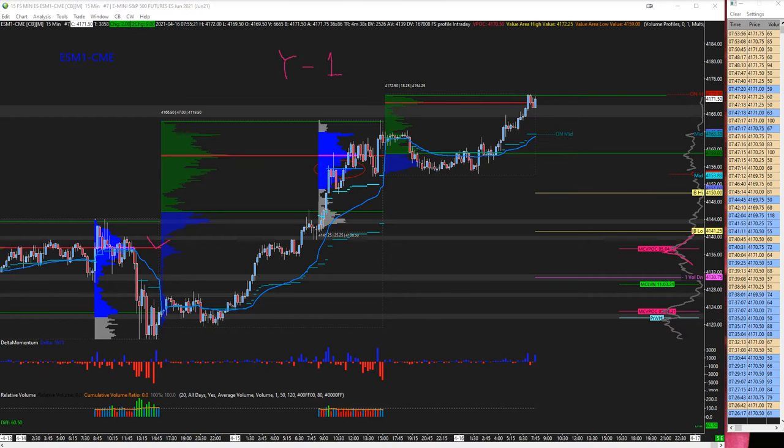Today, as I just described, in blue, is my scenario 1, which is we're coiling, so our expectation is for a quick move out of the area. It's another half an hour to the open.